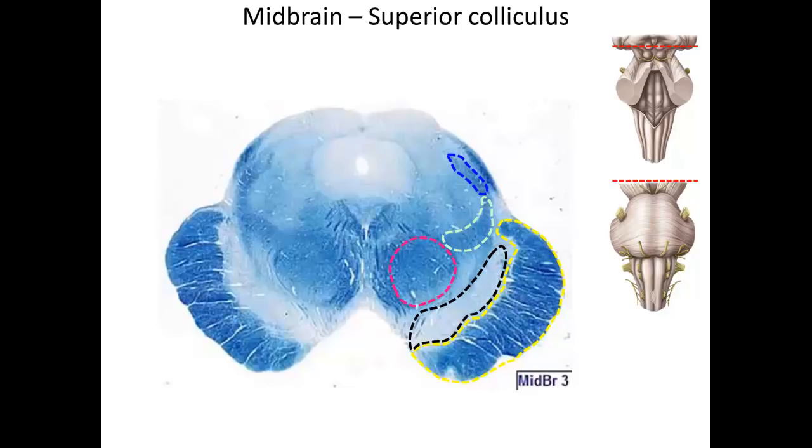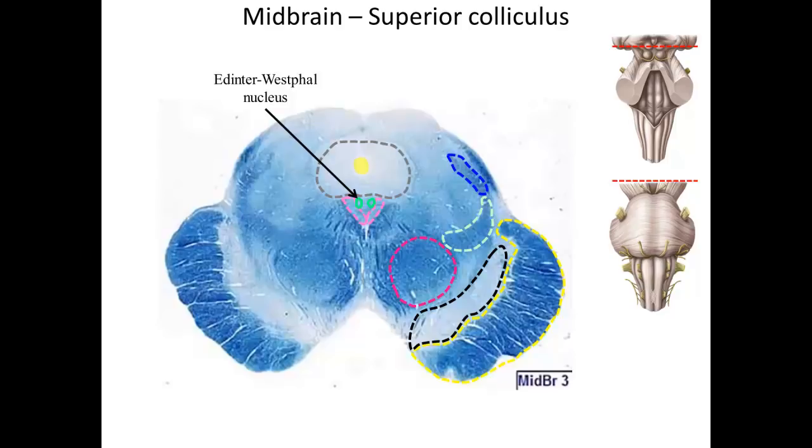Now let's look at structures surrounding the periaqueductal gray, which still surrounds the cerebral aqueduct. At the level of the inferior colliculus, the most medial structure anterior to the periaqueductal gray was the trochlear nucleus. At this level, it is a pair of nuclei that provide preganglionic parasympathetic innervation to the eye, the Edinger-Westphal nuclei. Fibers from these nuclei join the oculomotor nerve and terminate on the ciliary ganglion.